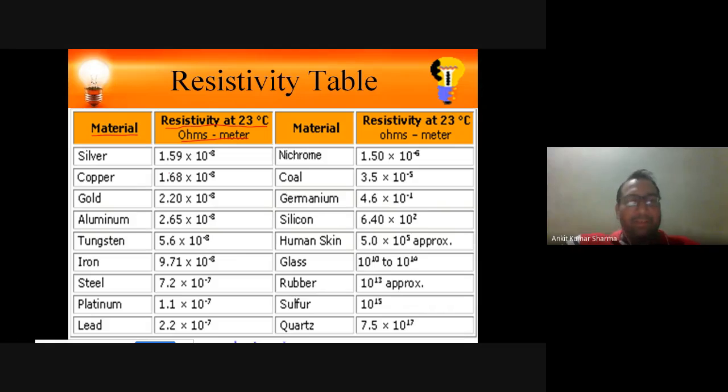For copper, it is 1.68 times 10 raised to power minus 6 ohm meter. So there are different materials, and according to the material there are different values of resistivity given in ohm meter. This table shows that every material has a specific value of resistivity at a particular room temperature.